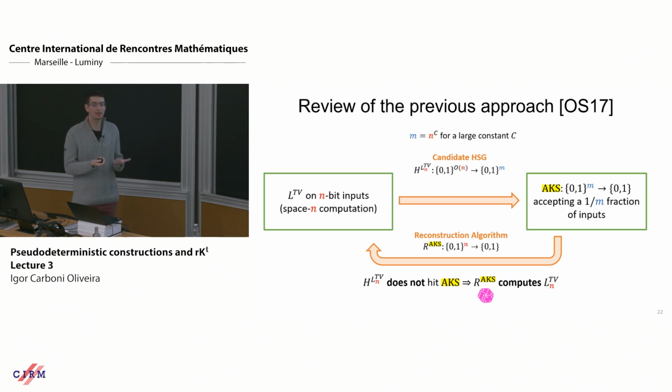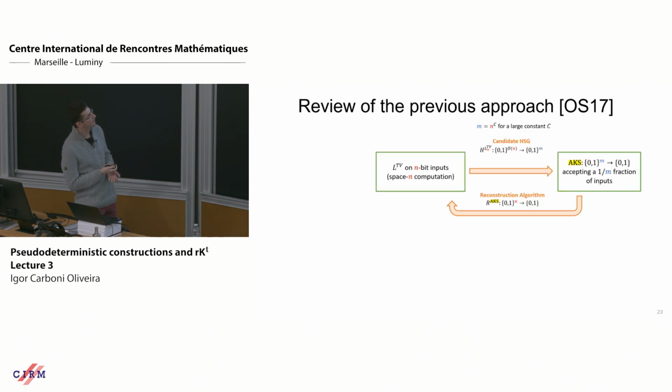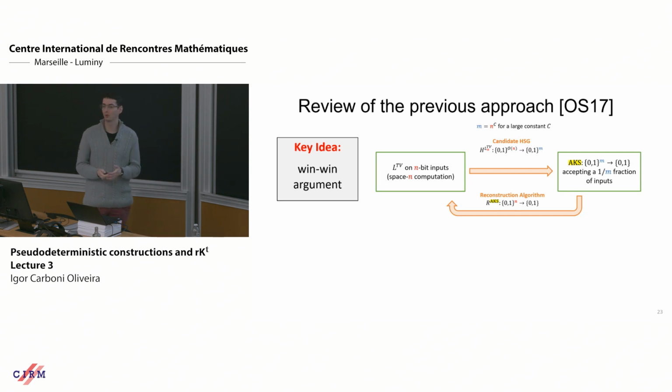And in the other case, well, we have a prime. So we now need to compute the running time of this procedure. Let's try to do it more carefully now. This is precisely what we call a win-win argument. We consider both cases and we show that in both of them, something good happens for us.